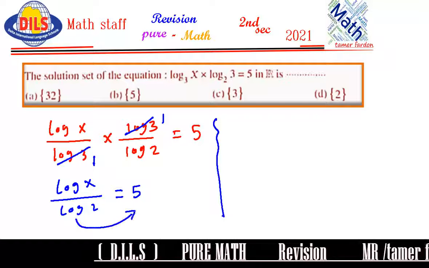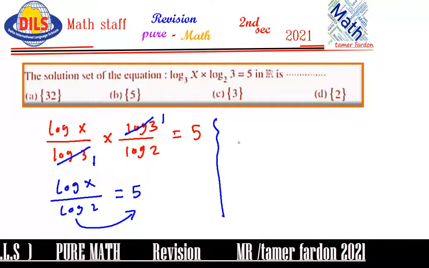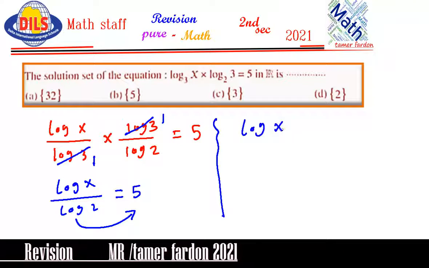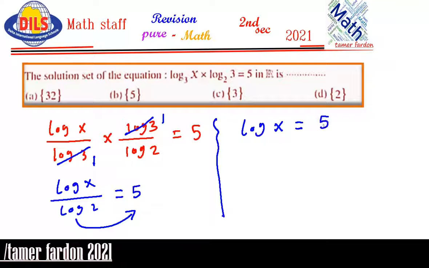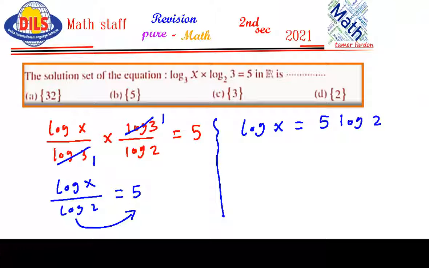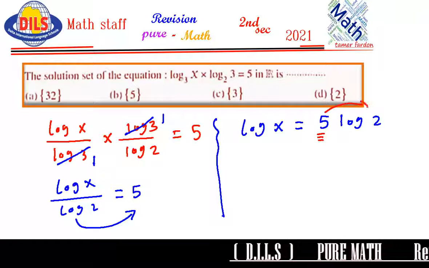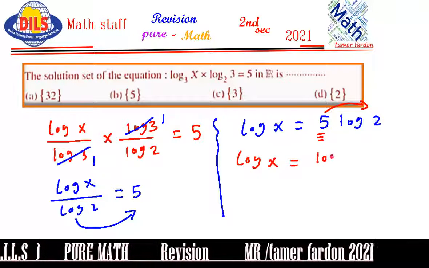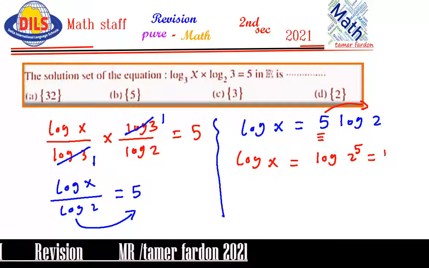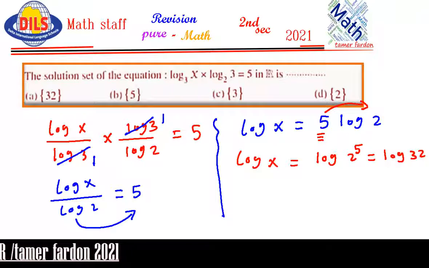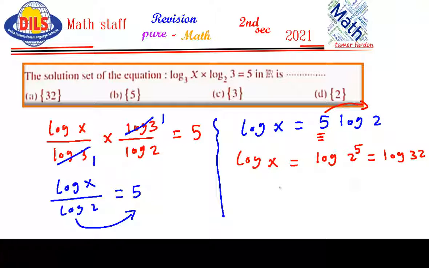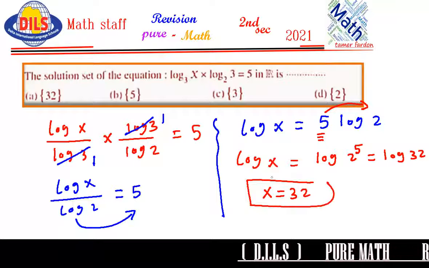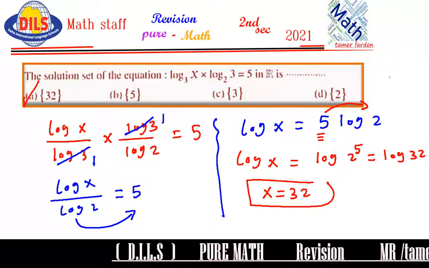Move log 2 to the opposite side to get log x equals 5 log 2. We know that the coefficient of the log goes back to the power, so log x equals log 2 power 5, which equals log 32. Log x equals log 32, so x equals 32. So our correct answer is A.